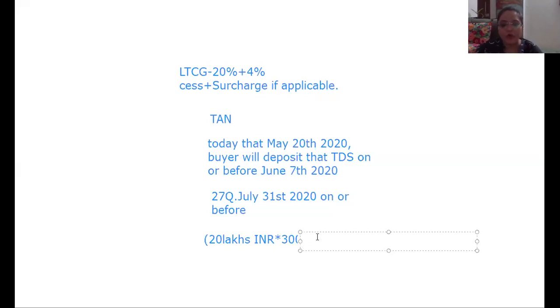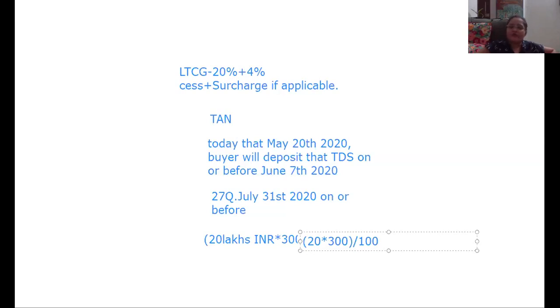So this whole amount, 20 lakhs into 300, should be divided by 100 if it was purchased in 2001-2. This will give us the indexed cost of acquisition.